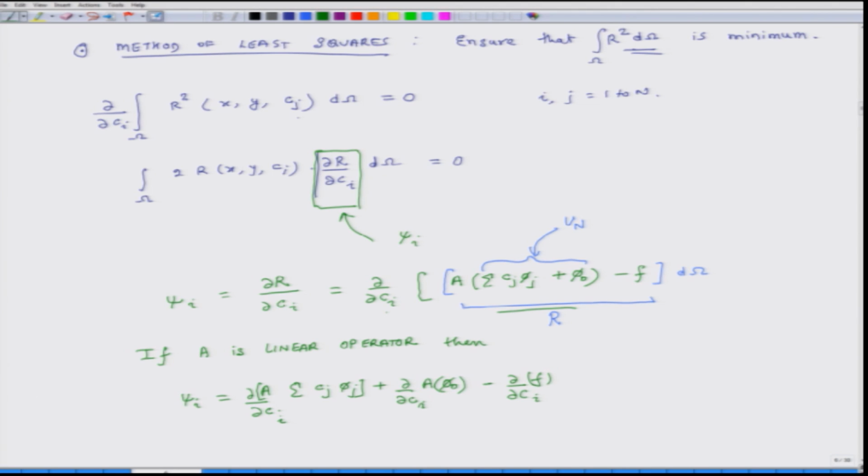So, if it is a linear operator, first thing I can do is separate it into Cj and phi j. That is what we had defined several lectures back.